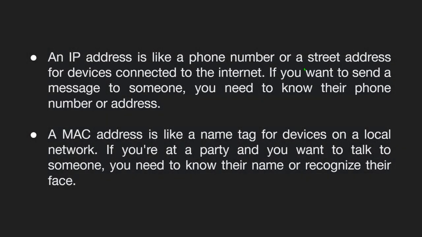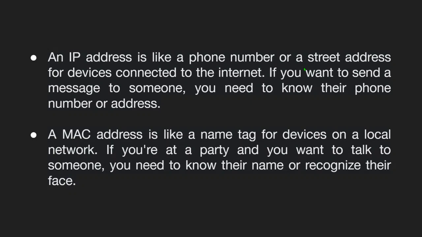There are two types of addresses that we have come across. One is the IP address and another one is the MAC address. Why do we have these two types of addresses? An IP address is like a phone number or a street address for devices connected to the internet. For example, if you want to send a message to someone, you need to know their phone number.